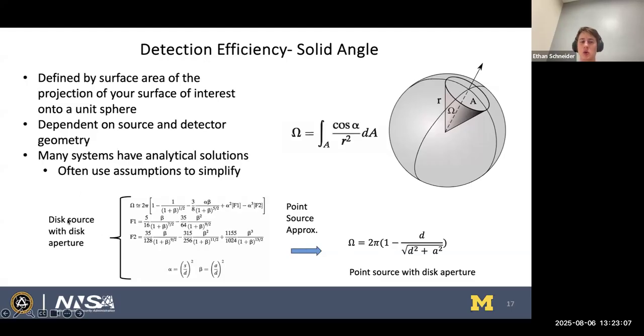For instance, we have this disk source with a disk aperture. Just the difference between that point source approximation and disk source approximation gives us a much more complex equation to solve. And this just gives us that ratio of counts that pass through a detector to counts that don't pass through a detector. Or it can also be represented in terms of steradians as opposed to a percentage.